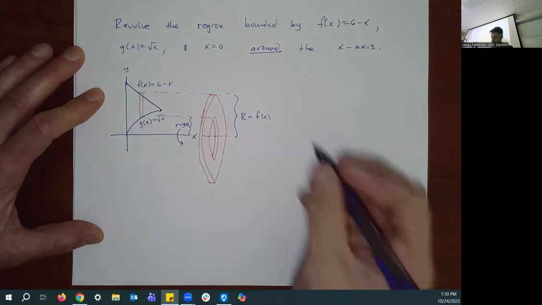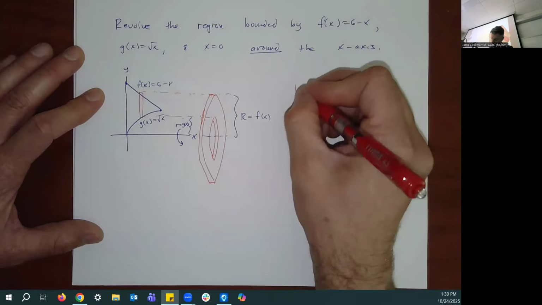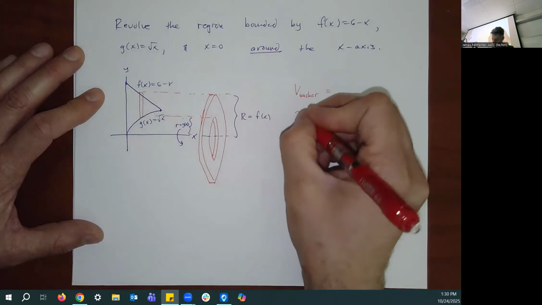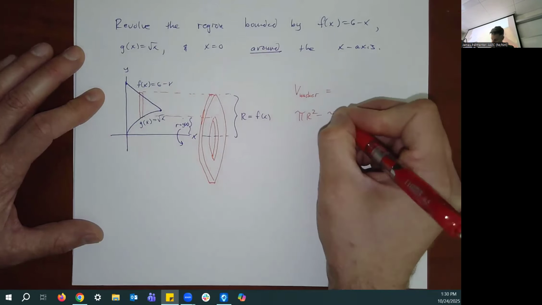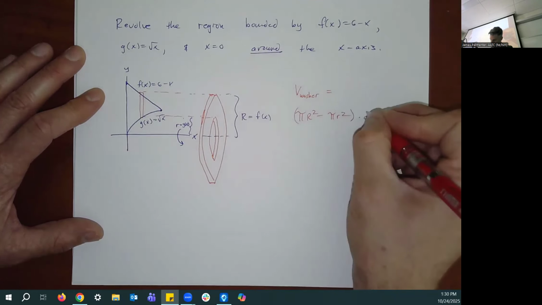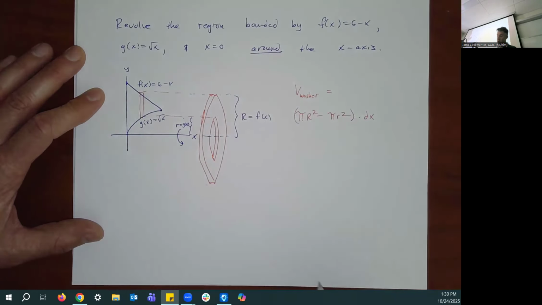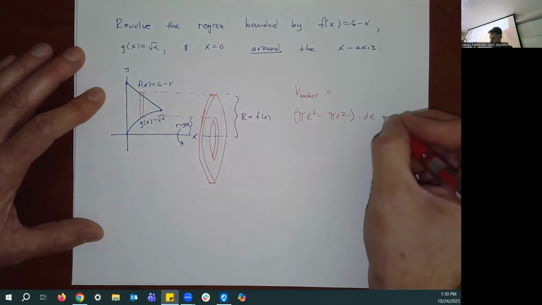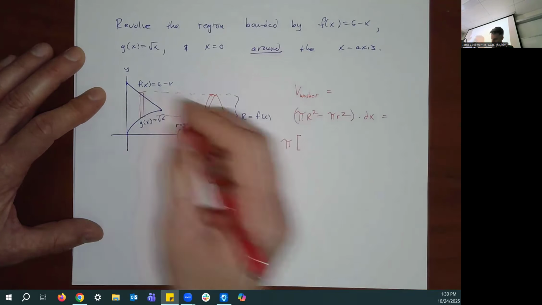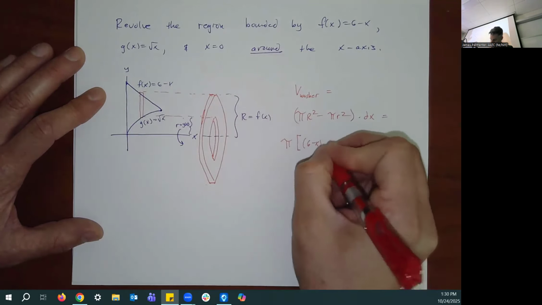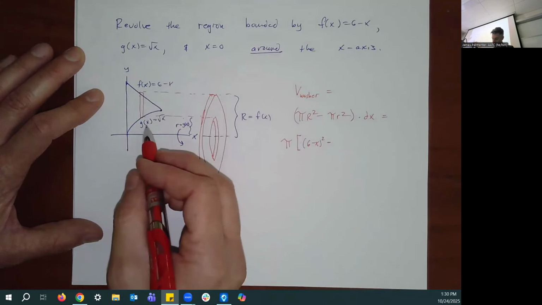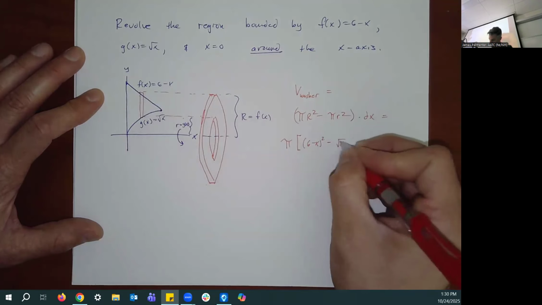So here, if we're calculating the volume of this washer, it is going to be the area of the big circle minus the area of the little circle that isn't there, all of that multiplied by the thickness or the width of the washer. So in this case, let's factor out the pi times our f of x, which is 6 minus x squared. Sorry, our f of x squared, and then minus our g of x squared, which is the square root of x squared.